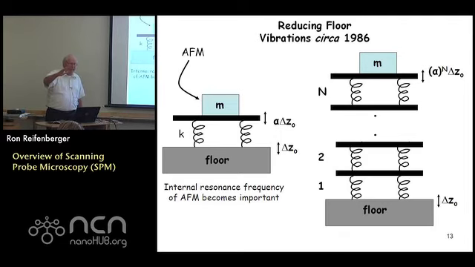If you've been listening carefully, you probably realize that the force that we're measuring is due to separations between the tip and the substrate that are on the order of a nanometer or less. The typical vibrations on the floor of this building are tens of microns.